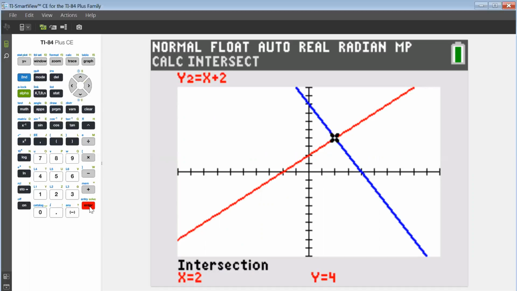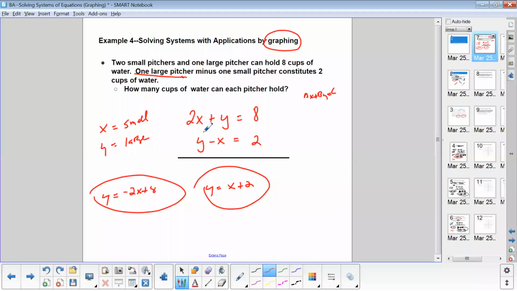So what does that mean? Well, that ordered pair means something in our work. And 2, 4 just means that there were 2 cups and 4 cups, for your small and for your large. So you can always check these.